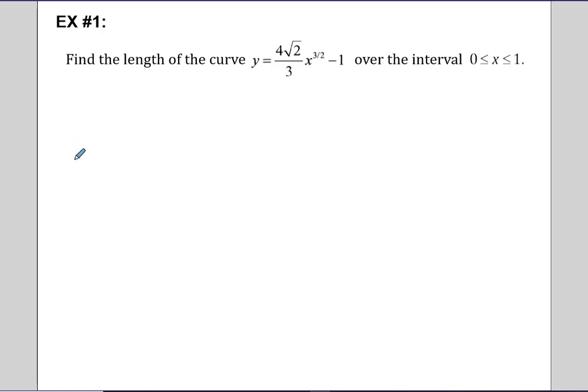So here we're going to find the length of the curve for this crazy function. I would recommend you put that into your calculator. And then we want to find the derivative, first of all.